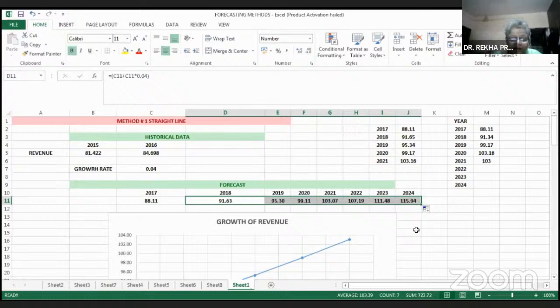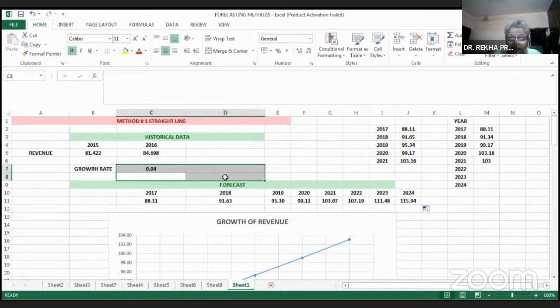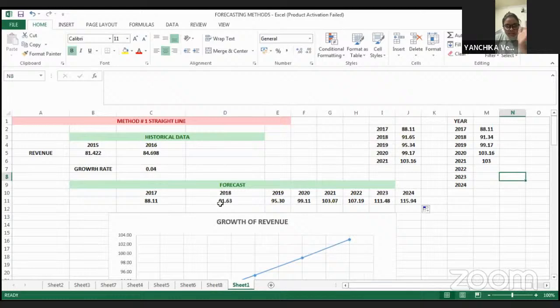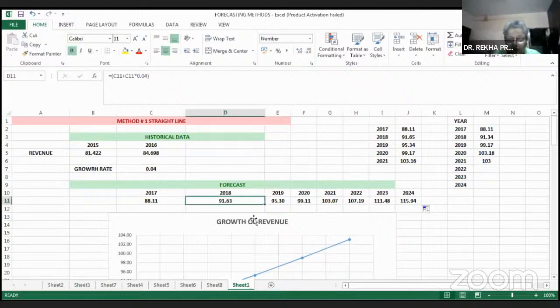Actually, I had written 0.04. Relatively, it had taken D7, but D7 is 0. Over here, instead of writing C7, I have written 0.04. So every time it is taking 0.04.